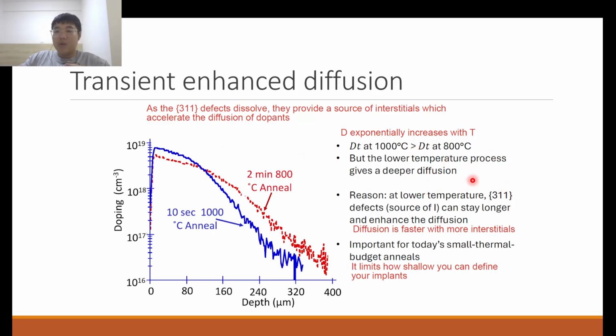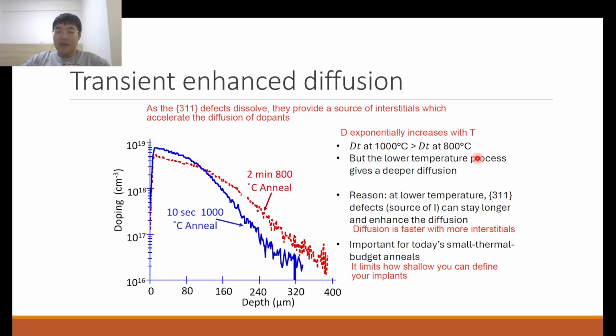Because at this lower temperature, the 311 defects, which are a source of interstitials, can stay longer and continue releasing the interstitials over this longer period of time, therefore enhancing the diffusion over a longer period of time. So at the end of the day, an 800 degrees Celsius anneal actually results in a deeper diffusion drive-in compared to 1000 degrees Celsius, which is against what we would expect.